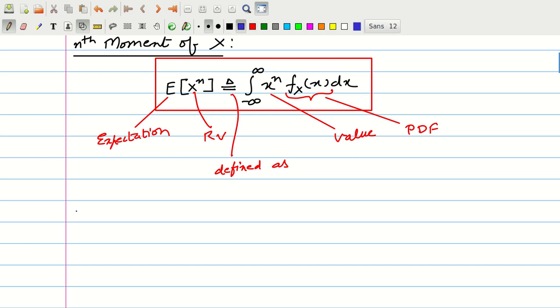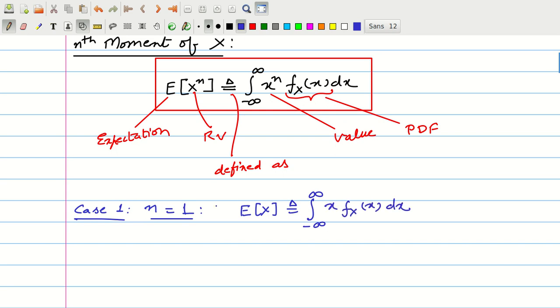We are interested in two special cases of this expression. Case 1, when n is equal to 1, the first moment of the random variable X. It is denoted as E of X equal to integration minus infinity to infinity x f_X(x) dx.